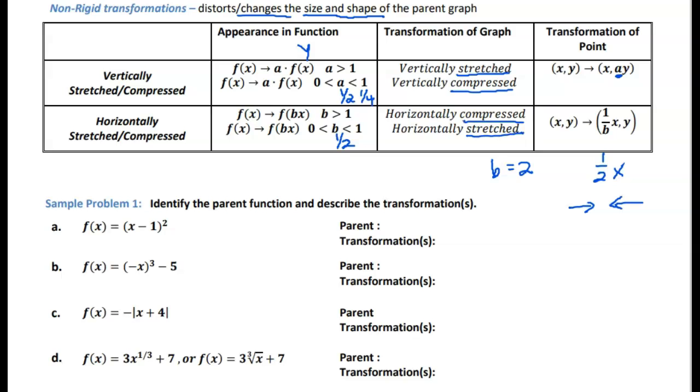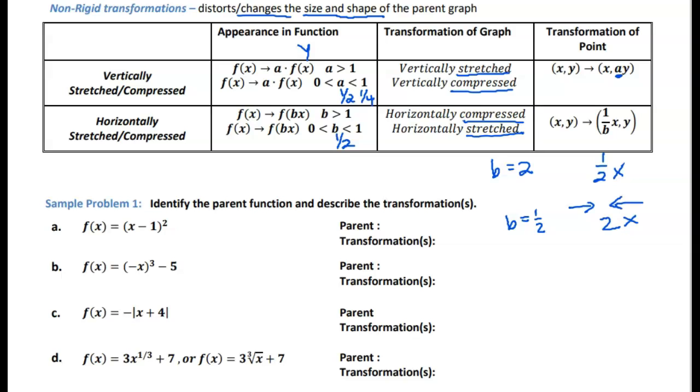So the b value compresses or stretches based on the number. Greater than 1, it'll compress it in, which means the values will always be 1/b, or half as wide. And when your b is 1/2, you flip it, 1 divided by 1/2, so all your x's are 2 times as wide. So they go out and stretch.